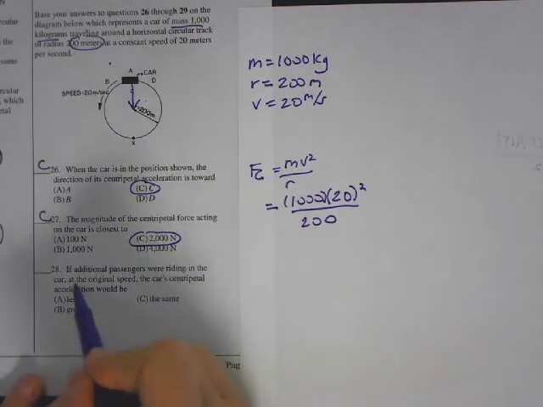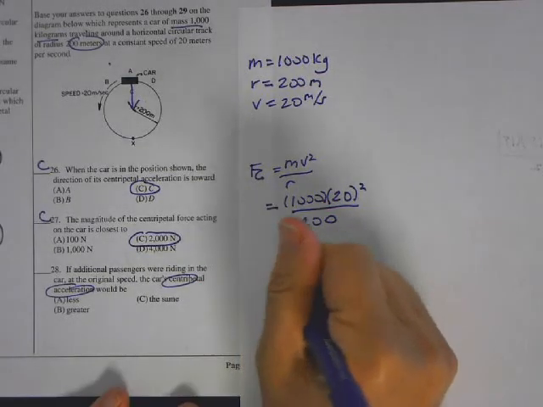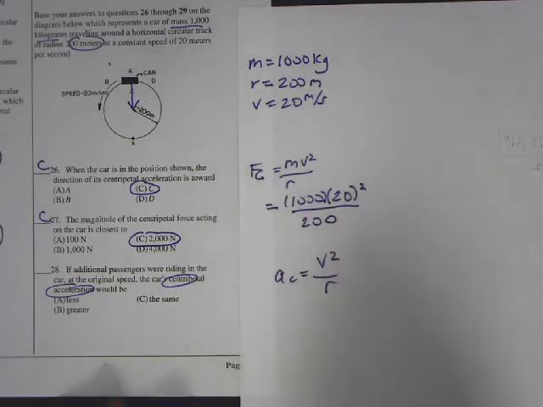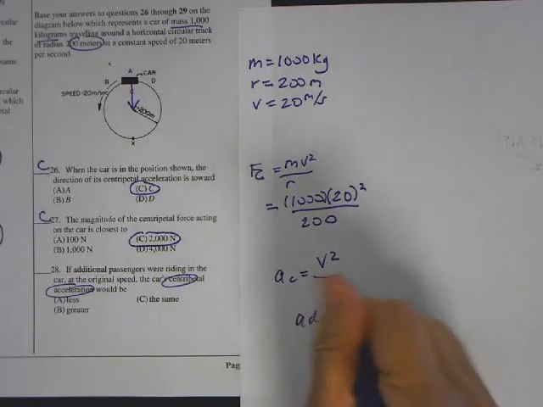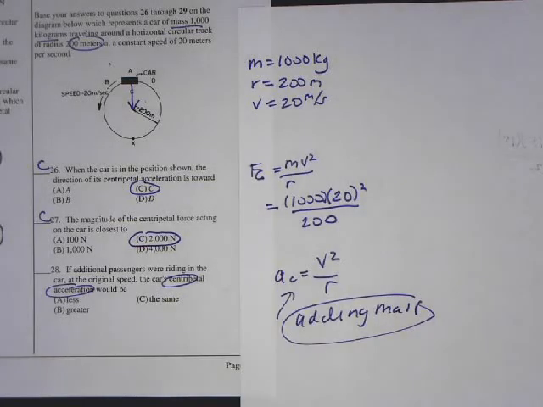Centripetal acceleration is v squared over r. So now I'm adding mass. Is mass in this equation? The only things that affect the centripetal acceleration are the velocity and the radius. Are those changing? Just the mass. Now the mass affects the centripetal force, but not the centripetal acceleration. So that's why the answer is the same.